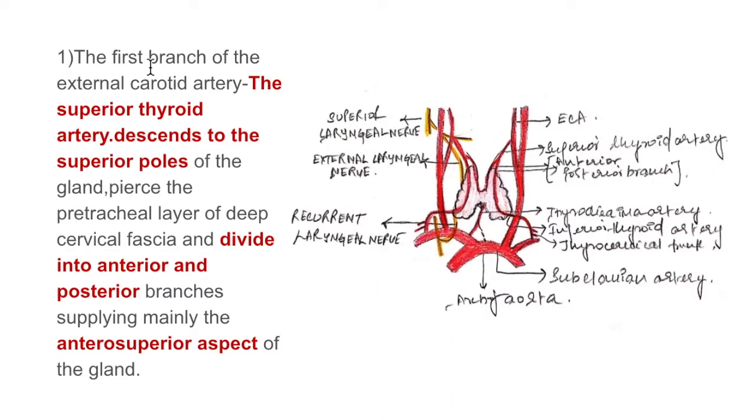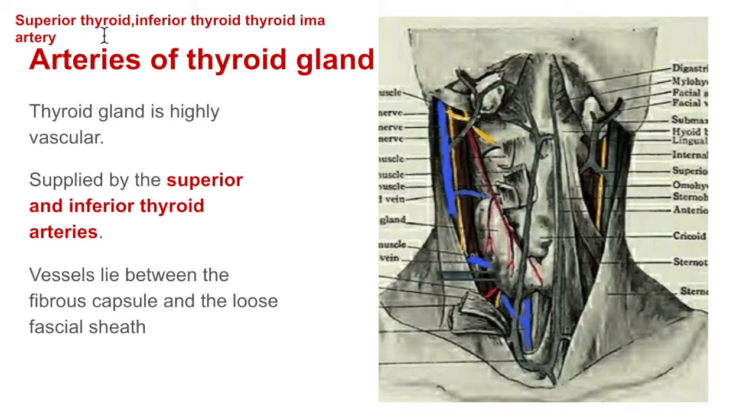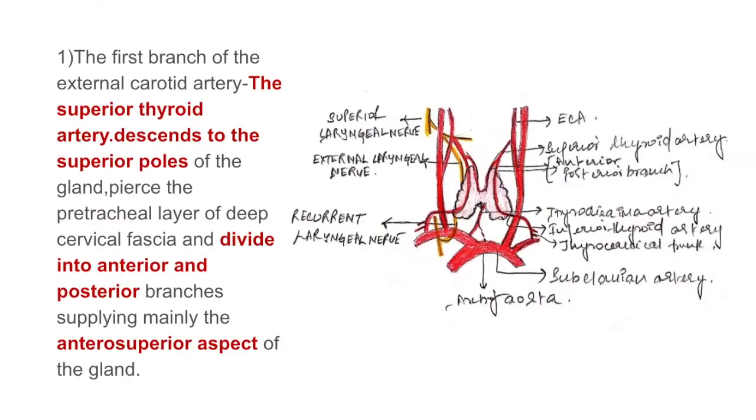Now, coming to the first branch, let's start by talking about the superior thyroid artery. The superior thyroid artery is the first branch of the external carotid artery, and it descends to the superior poles of the gland, pierces the pretracheal fascia, and divides into anterior and posterior branches, supplying mainly the anterosuperior aspect of the gland.